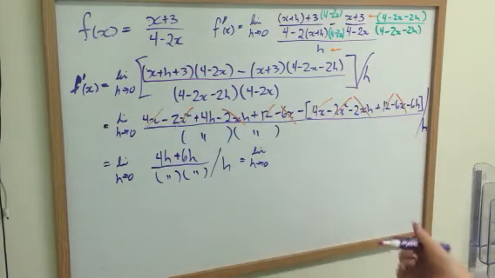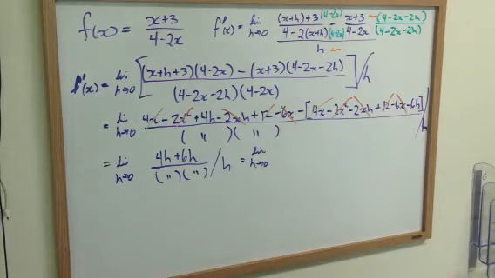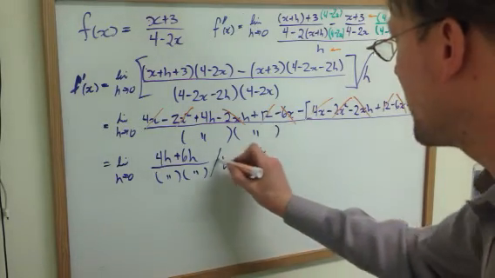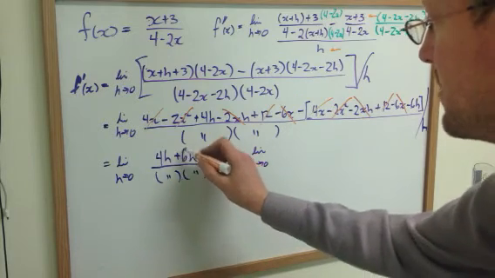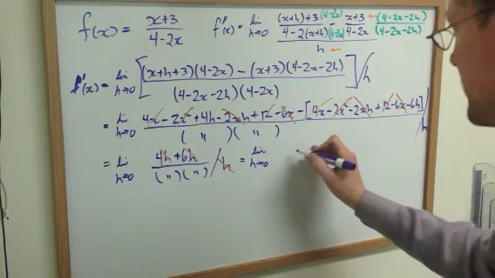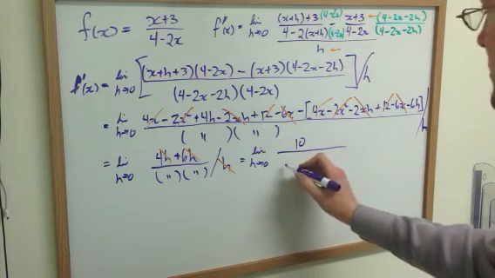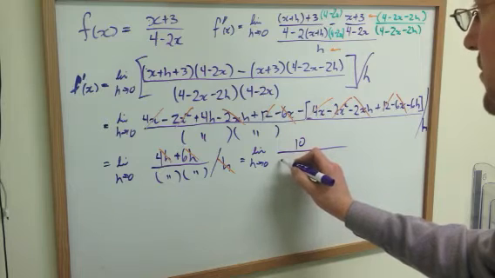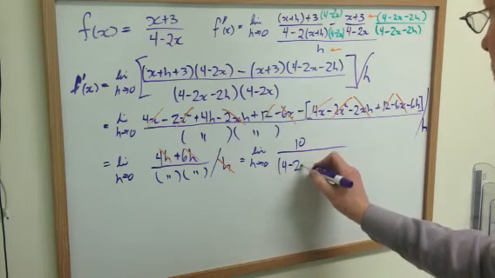It's not the source of my problems. Indeed, my problems are disappearing rapidly because this h cancels with, there's 10 h's up here, both of those. Limit as h goes to 0, I have 10 over my denominators, which I'm going to bother writing now because that's all that's left.